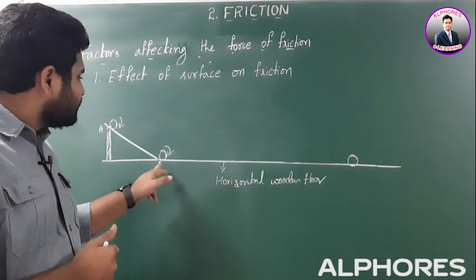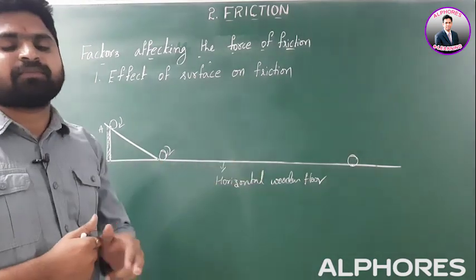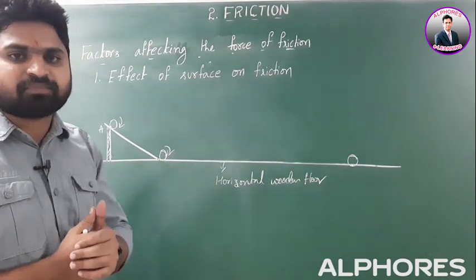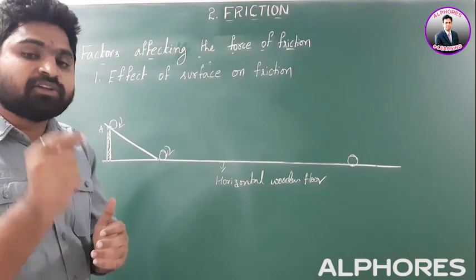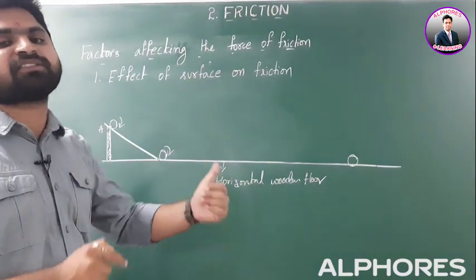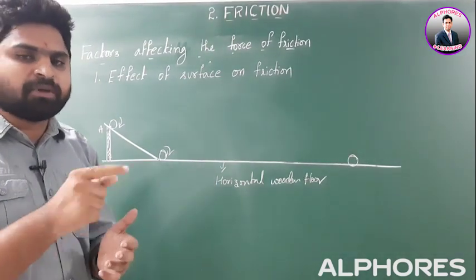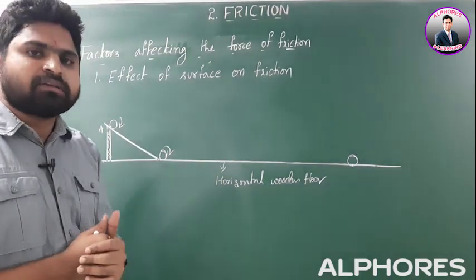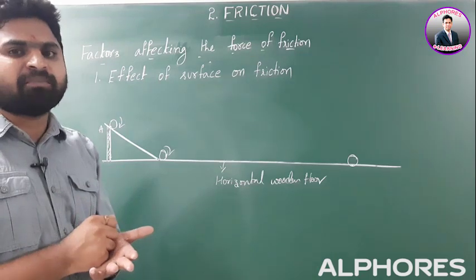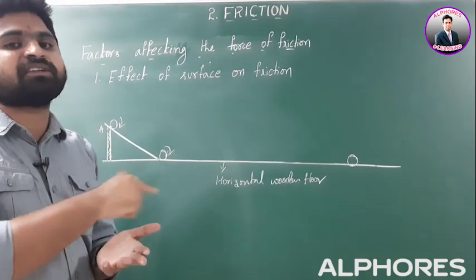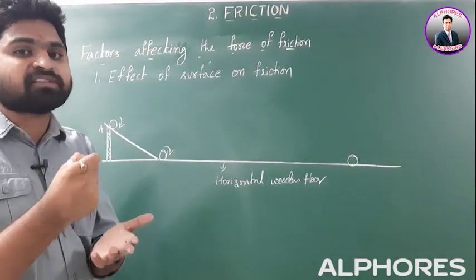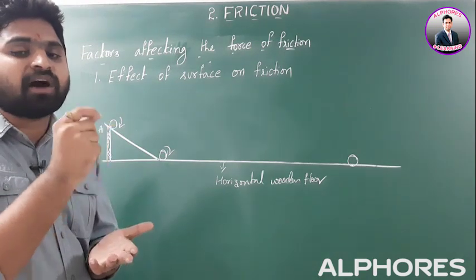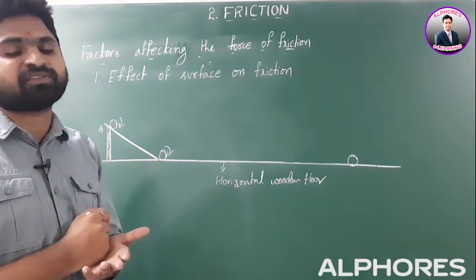Actually, the surface looks flat, but so many irregularities are present on these surfaces. It may be a marble surface or a cloth or a wooden floor. The surface looks flat, but irregularities are present. Irregularity is nothing but many small ups and downs on the surface.